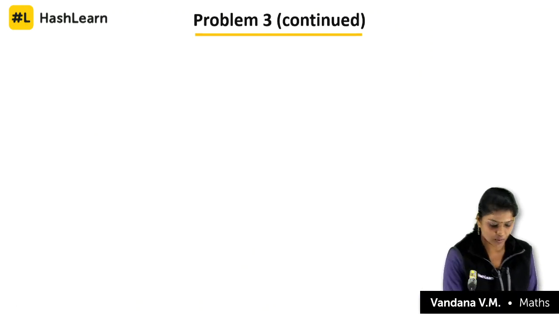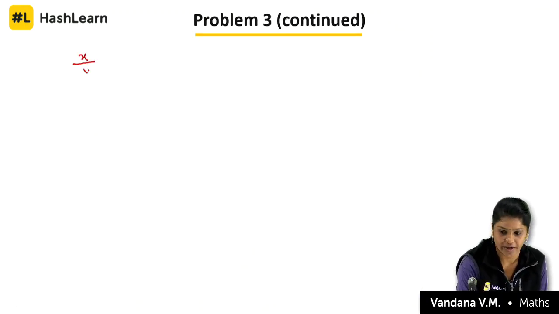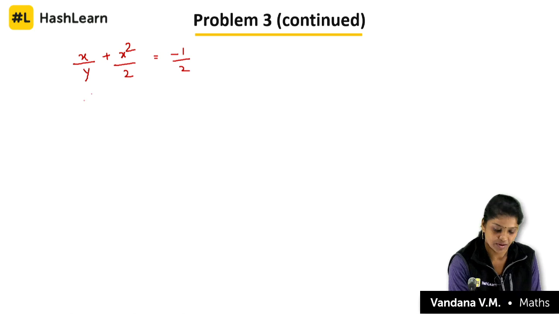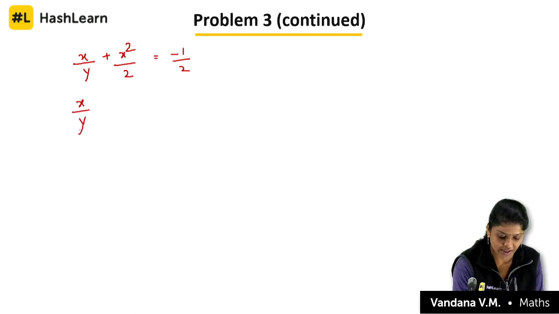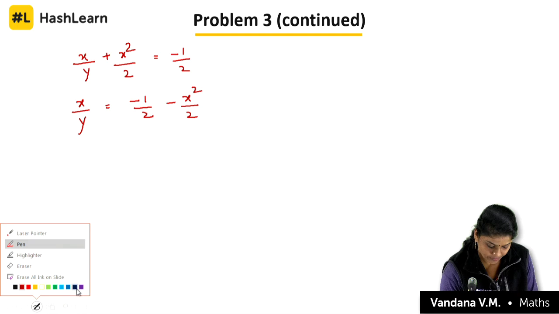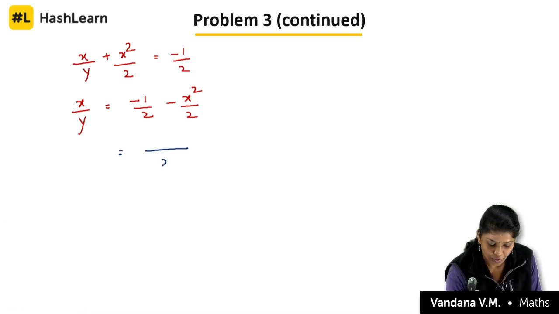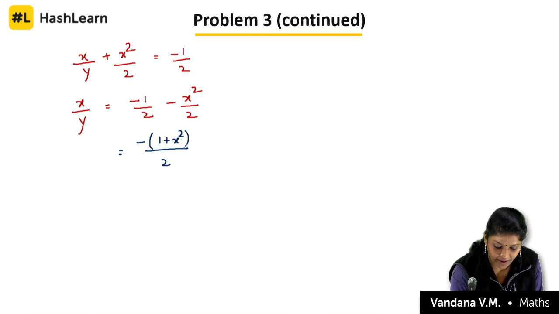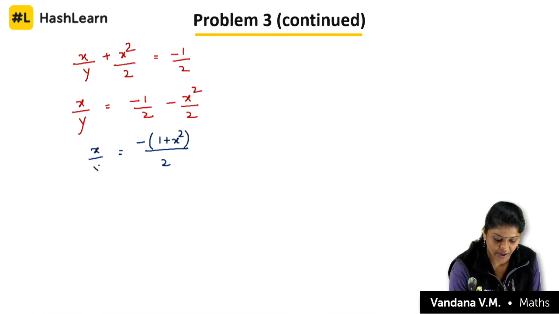So let me write the equation over here: x/y + x²/2 = −1/2. Take out that side: x/y = −1/2 − x²/2. If I am taking the LCM, 2, take out minus common: x/y = −(1 + x²)/2.